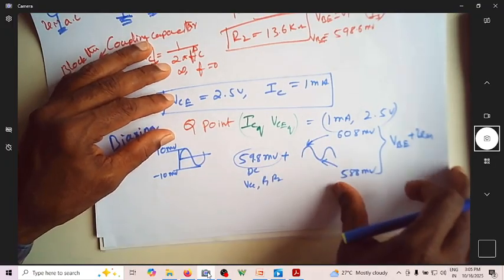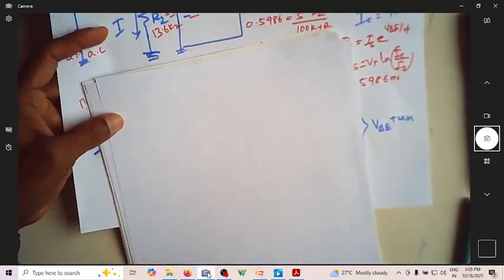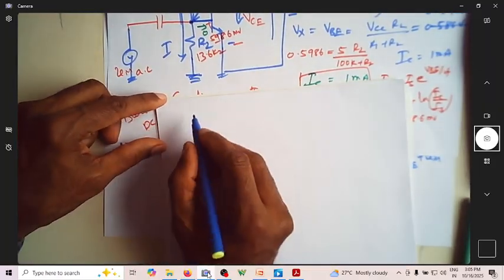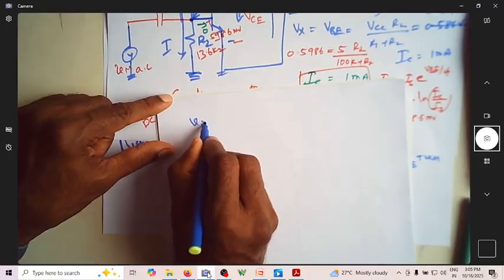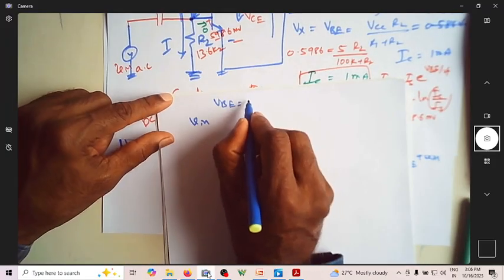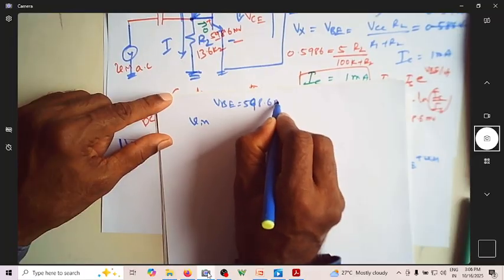It is gradually changing. So let us make a list of what is IB, what are all those voltages, and try to find out what Vin is. VBE is constant at 598.6 millivolt.